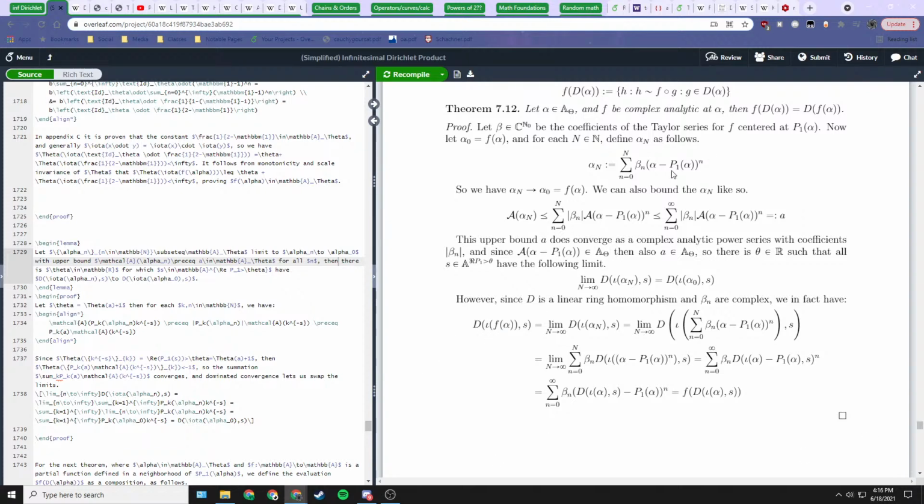And the reason that these polynomials are important is because D is an isomorphism, or rather it has the homomorphism property. Specifically it's a linear homomorphism, a linear ring homomorphism.